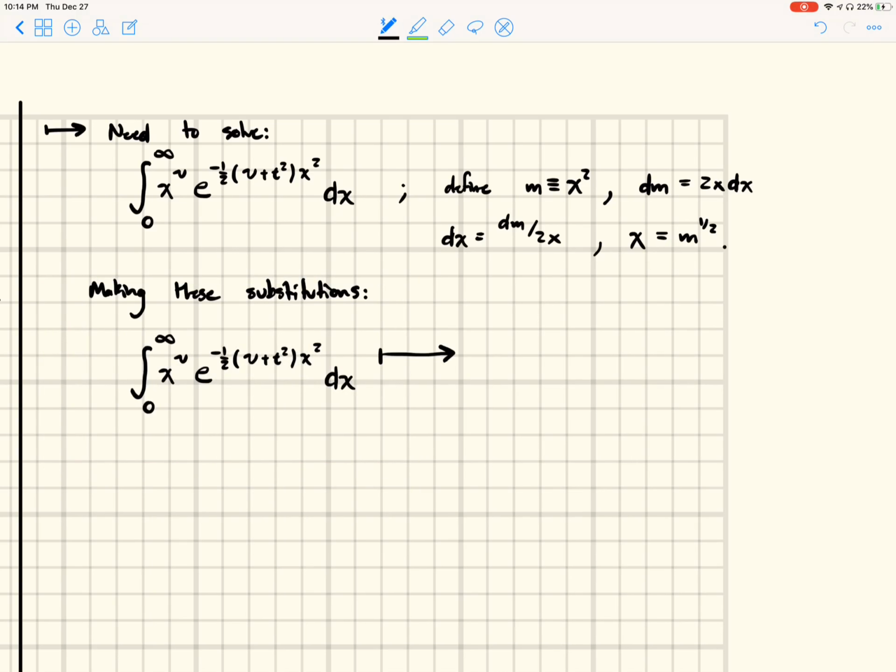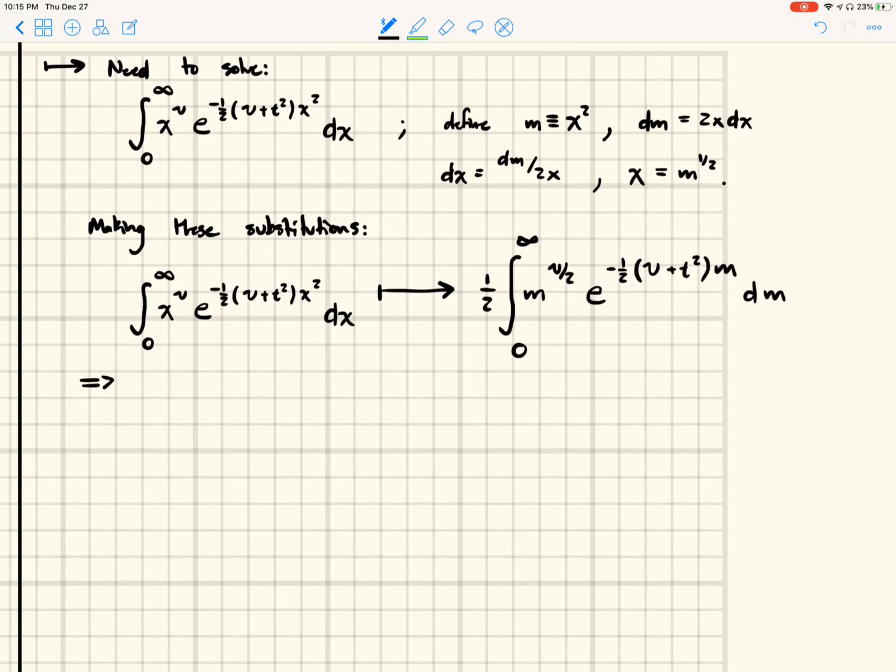Making these substitutions, we're going to get a new integral, which is equivalent, where we have this definition, and here's where the definition for our gamma distribution comes into play.